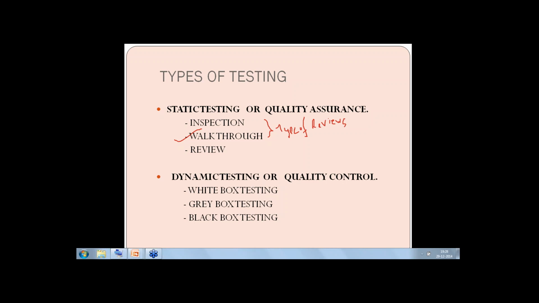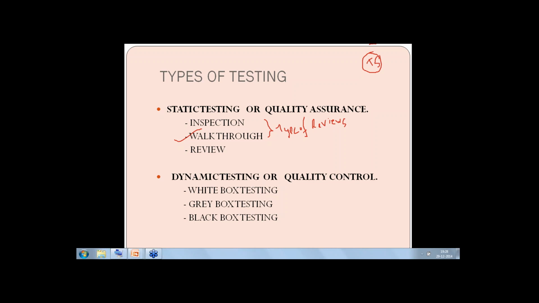Now, what is a walkthrough? First of all, it's a type of review in which you walk through the application. For example, you made a document called, let's say, the test strategy. Let me take the test strategy as an example. You can walk through the test strategy document. How do you walk through?